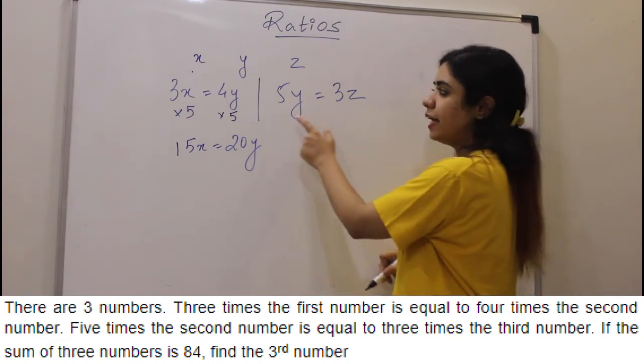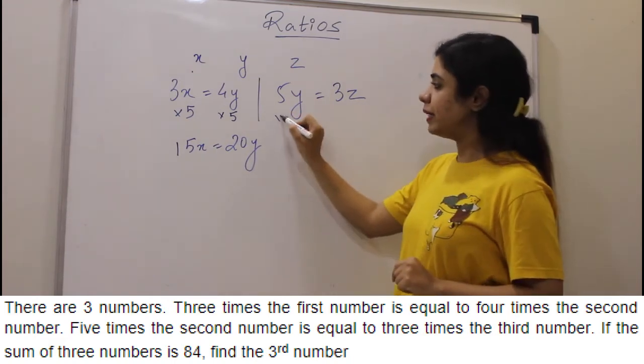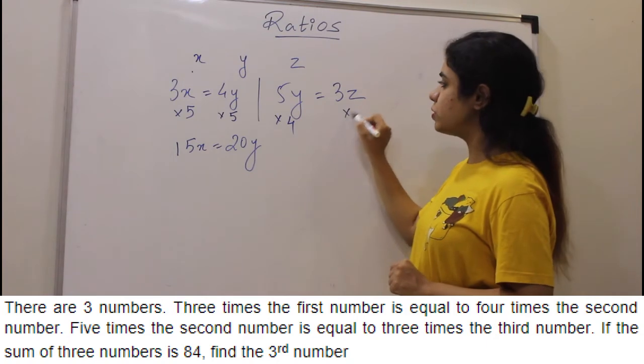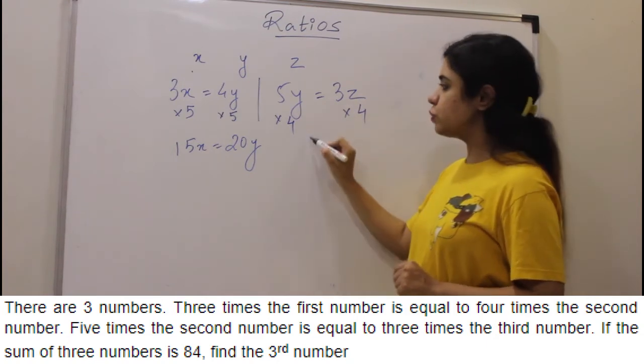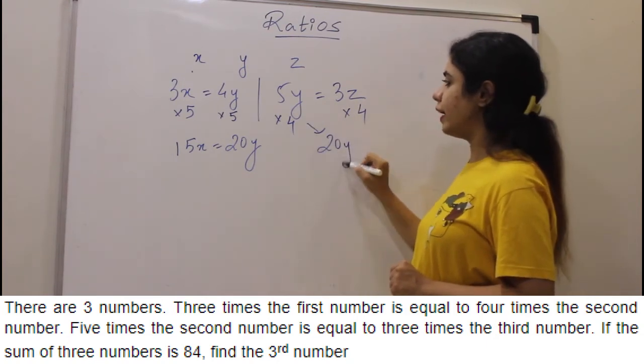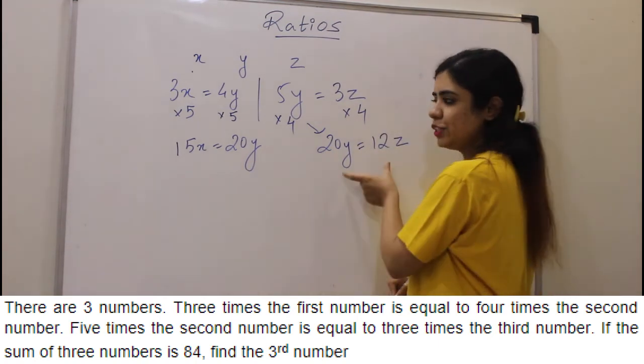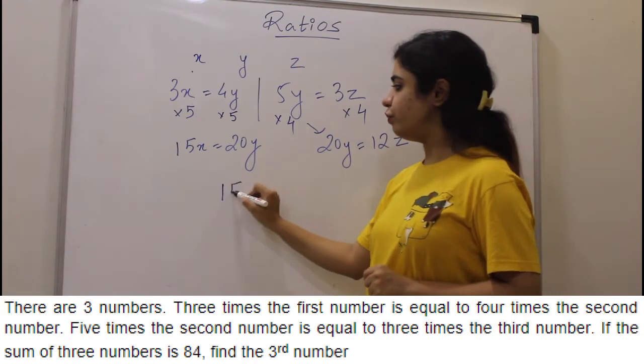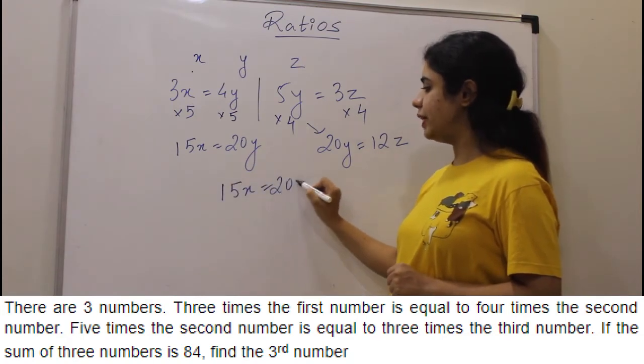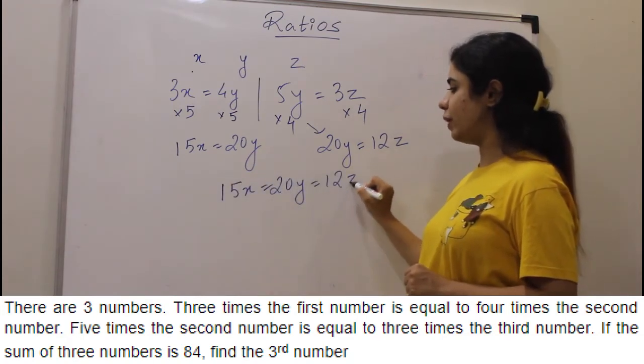Again, I want to make this a 20. I multiply this with 4, so this will also get multiplied by 4. So this will become 20y is equal to 12z. So if I combine these two now, I will have 15x is equal to 20y is equal to 12z.